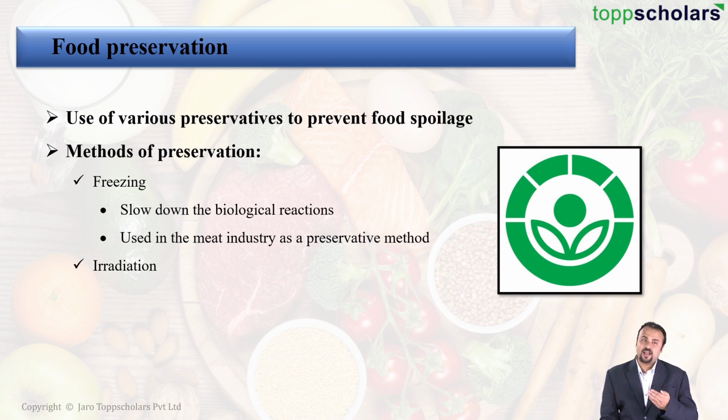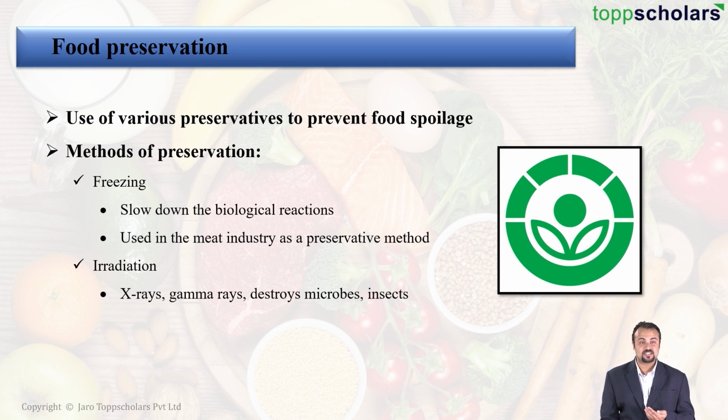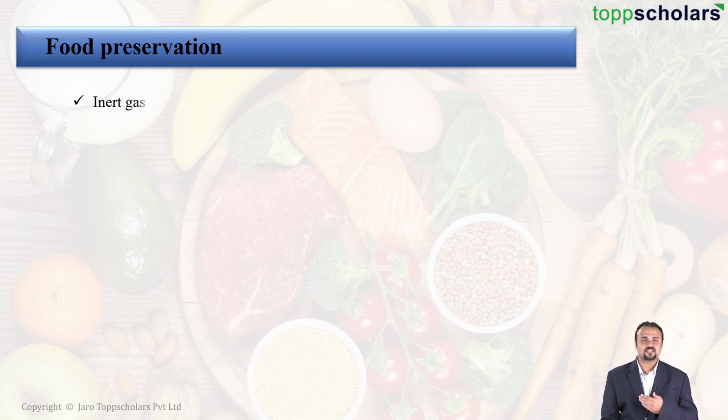Moving on, another example of food preservation is irradiation, wherein certain rays, for example X-rays, gamma rays, are used to destroy the microbes and insects which may attack the food. And in this way, it increases the shelf life of various food items. Another example is the use of inert gases.